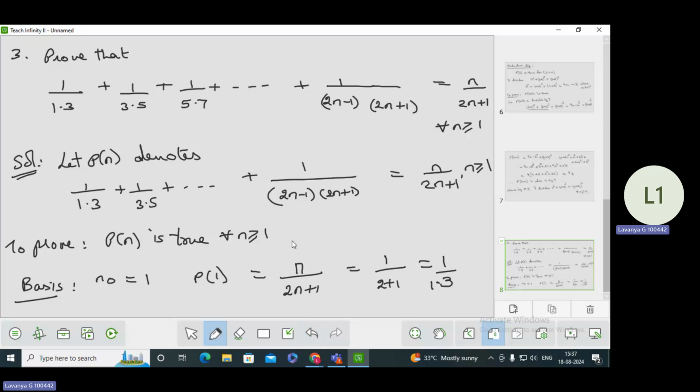Therefore, the right hand side and the first term in the left hand side tally. The first term in the left hand side is 1 divided by 1 into 3. Hence, I claim P of 1 is true.